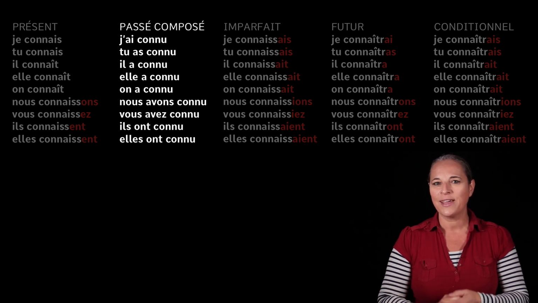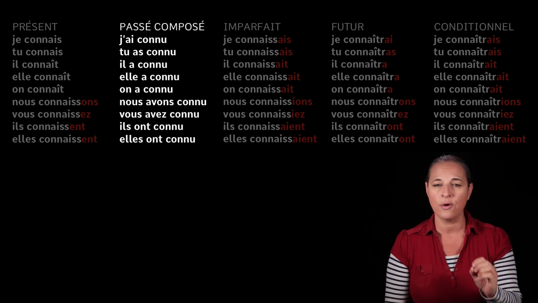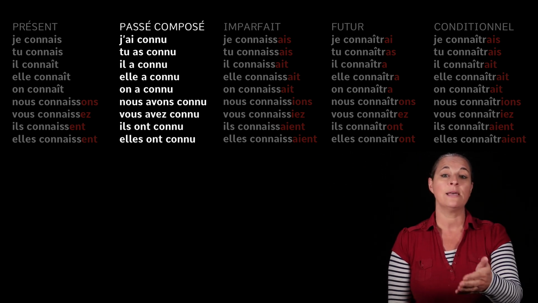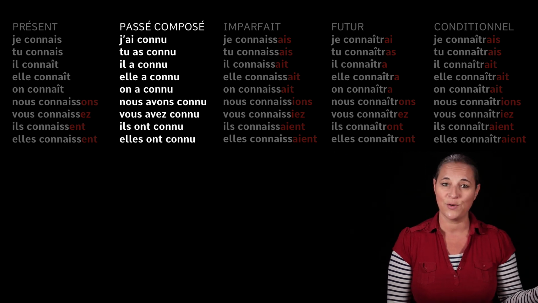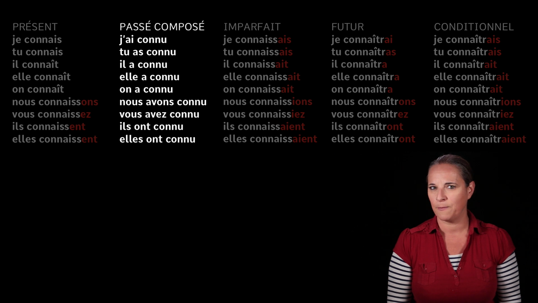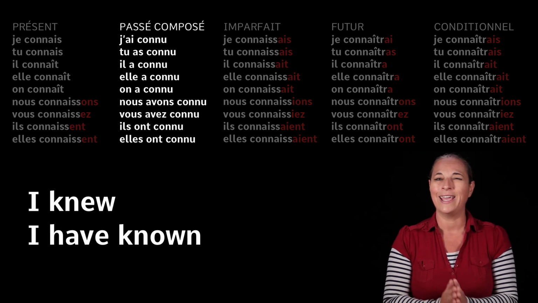And this is where it is hard to conjugate a third group verb, because you will see that a lot of those third group verbs do not follow a pattern. For example, savoir, which is to know as well, is su, S-U, in the past participle. Okay, so we are trying to say I have known or I knew.